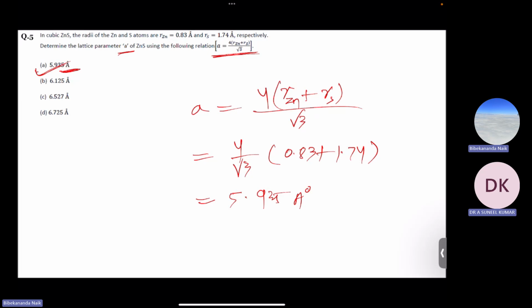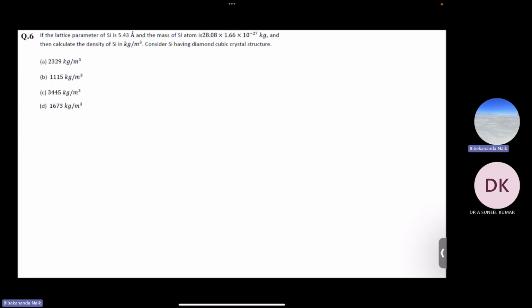So zinc is one FCC structure and sulfide is another, displaced by 1/4 of the body diagonal. So we'll go to the next question.